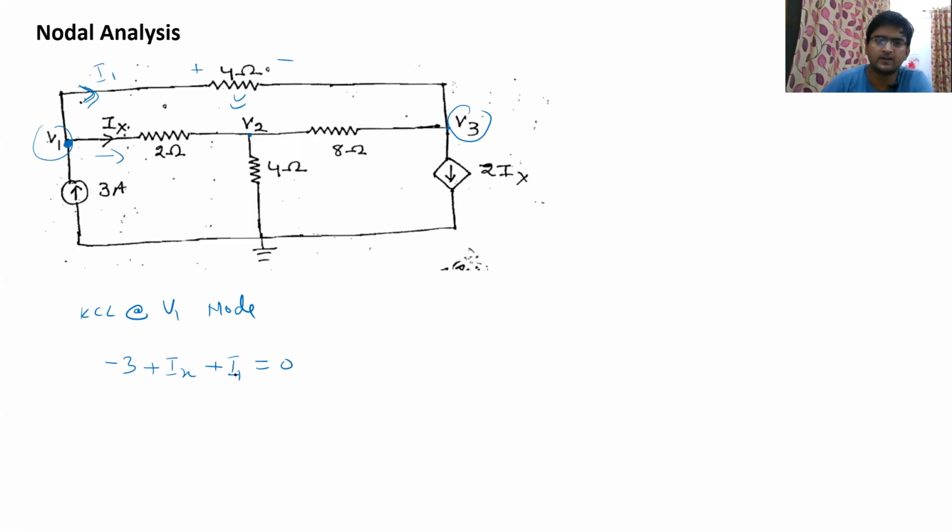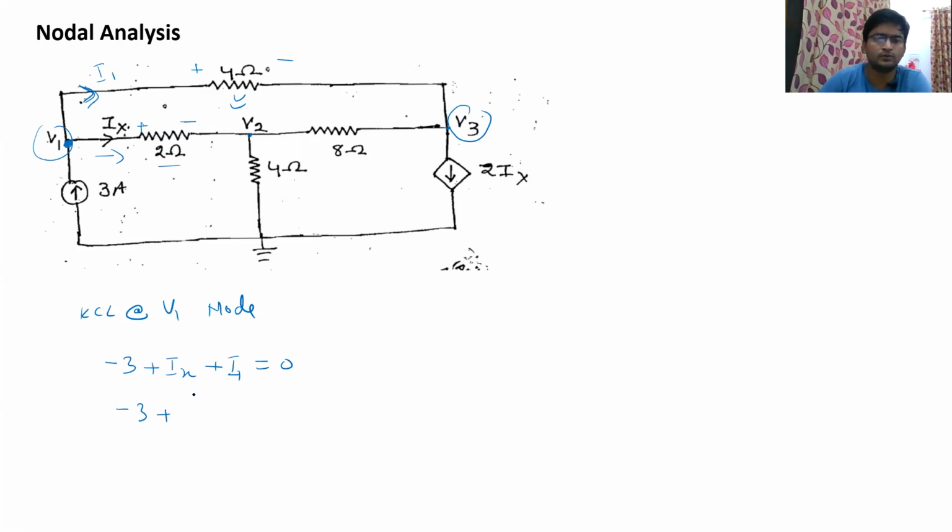So let us convert this I1 and Ix into voltage forms, since we have assigned V1, V2, V3 to all the nodes. So this equation can also be written as -3 plus, what is the value of Ix? Ix is basically the ratio of the voltage drop between these 2 points, V1 and V2, divided by 2 ohm.